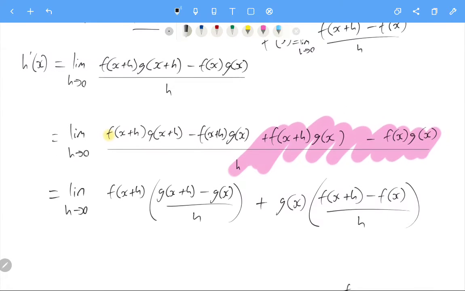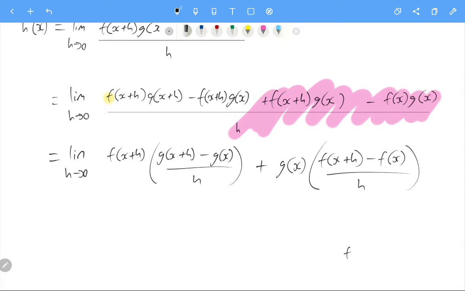Hey, this is looking not so bad. And the reason it's not looking so bad is that this is just the derivative of g. Well, after we take the limit as h goes to 0. And this is just the derivative of f. Well, same once you take h equal to 0.